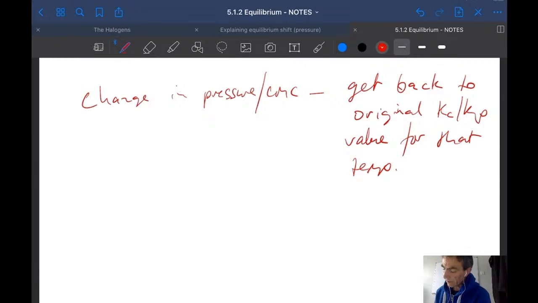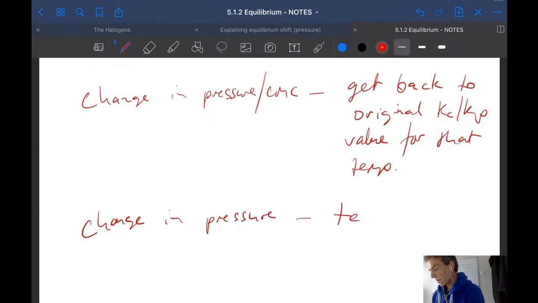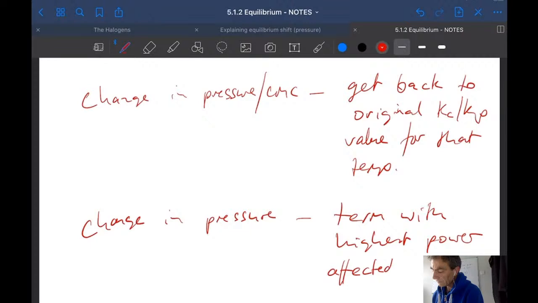And then a final thing, change in pressure: term with highest power is affected the most.